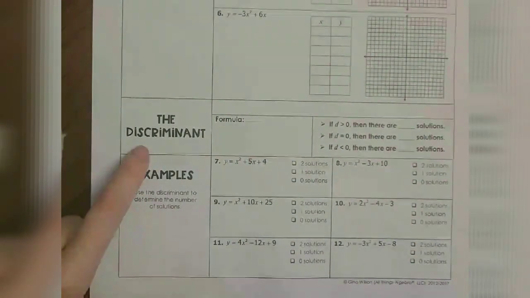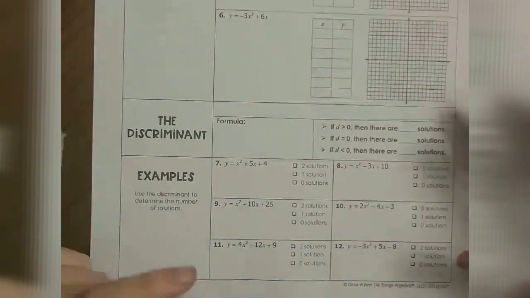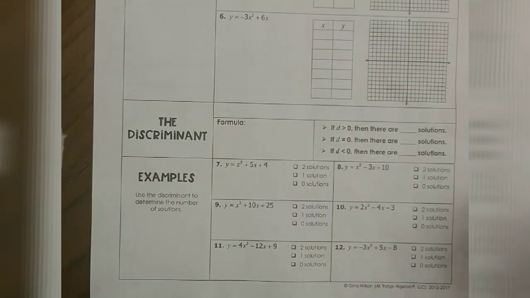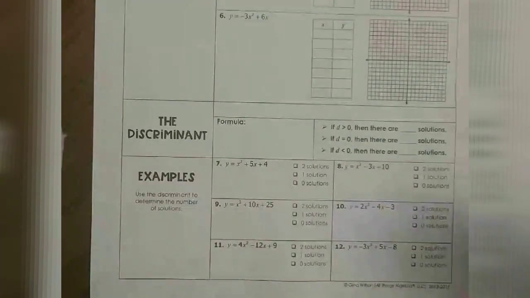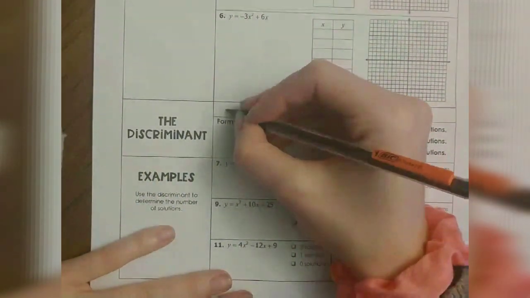Let's talk about the discriminant. So the discriminant, that's a new word for us as well. But the discriminant is a formula that's going to help us see how many solutions are in our quadratic equation. So in this space up here, we'll define that.